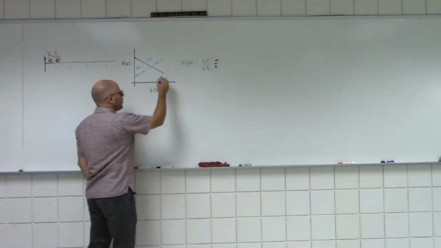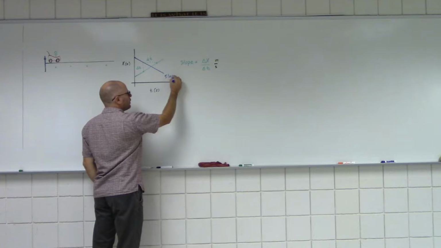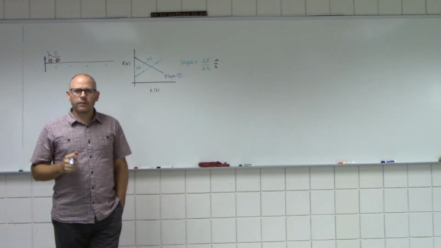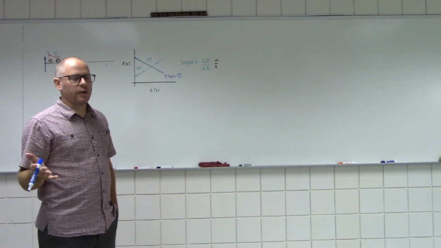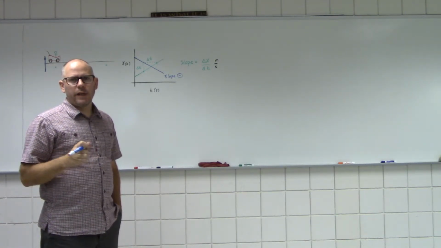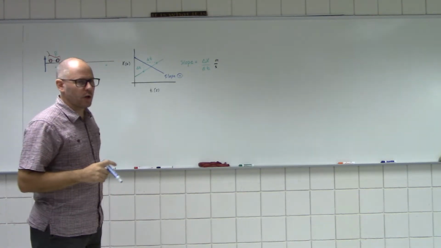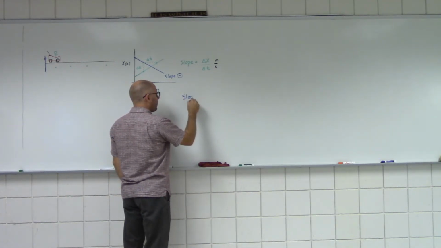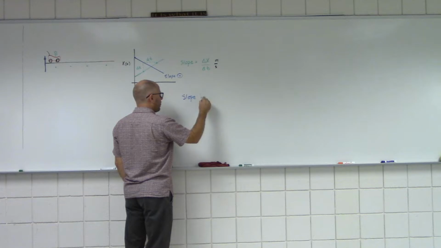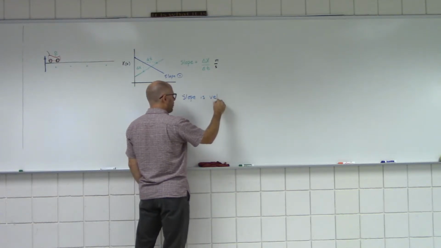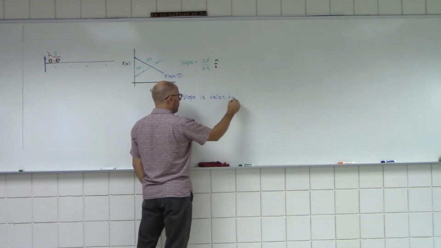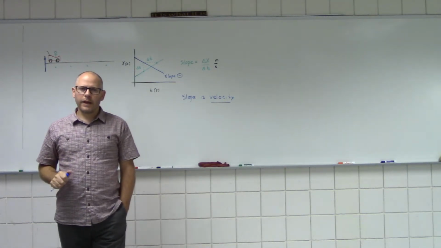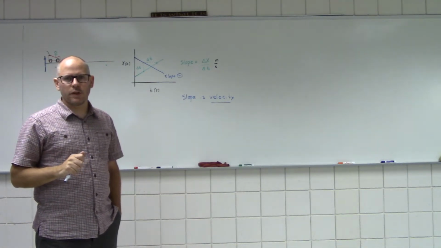But the thing about this one is that the slope is negative, and speeds can't be negative. And so we need a more advanced concept for the slope. It turns out that the slope is the velocity.